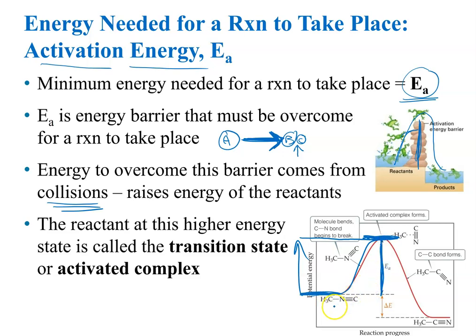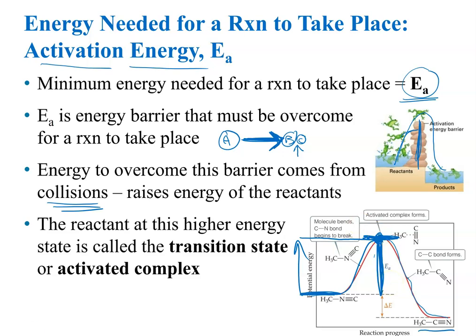If these molecules collide with this much energy, then they raise their energy to the top of this hump. And that is the energy that allows these bonds to break and reform to make the product. This is a different product than the reactant. So this minimum amount of energy of the collision is called the activation energy.